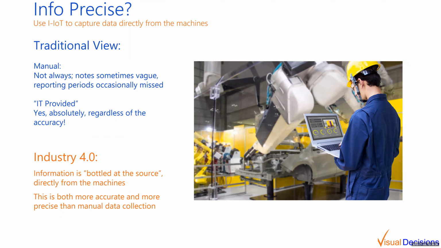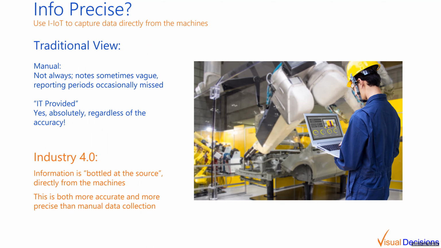Is the information precise? From that traditional point of view, he says that it's not always precise. Notes are sometimes vague. Reporting periods are occasionally missed. And for IT provided, yes, absolutely, regardless of the accuracy. Ignoring his snark a little bit there, with Industry 4.0, the information is again collected at the source directly from the machines.